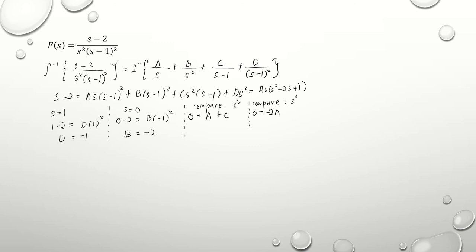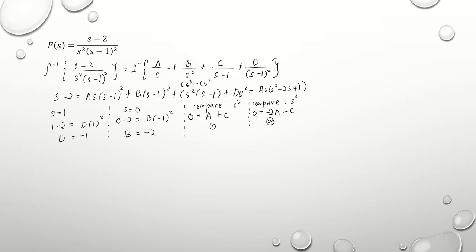And the coefficient of s square for C, when you do some expansion, what you have is C s cube minus C s square, so what you have is negative C. Next, settle for these equations by using substitution or simultaneous equation. Any method you can.